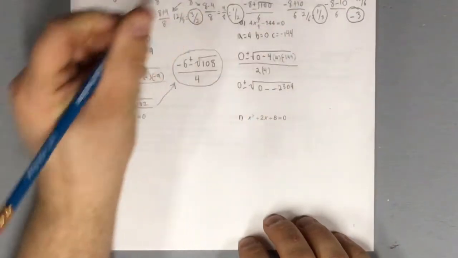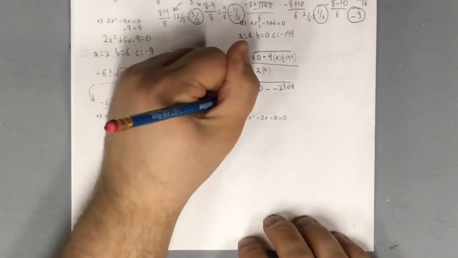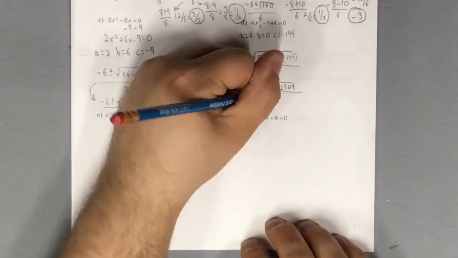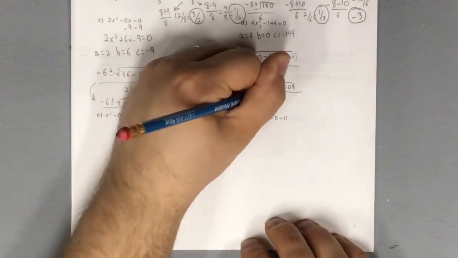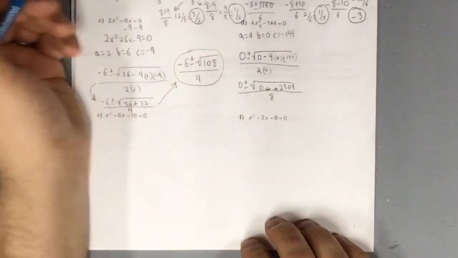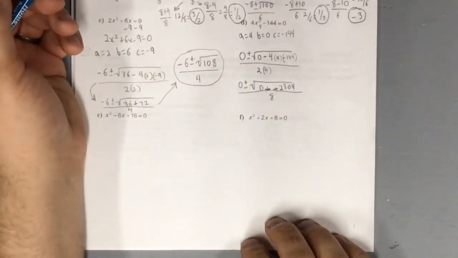Sorry, this is going to be over 8. If you notice, I have a double negative happening here, so I would add the opposite and just think about it as a positive 2,304 in my square root.